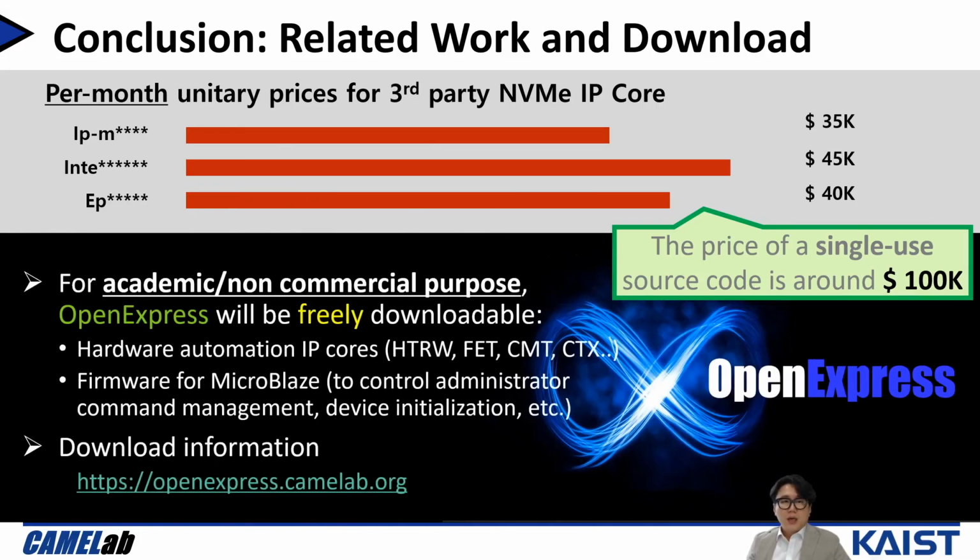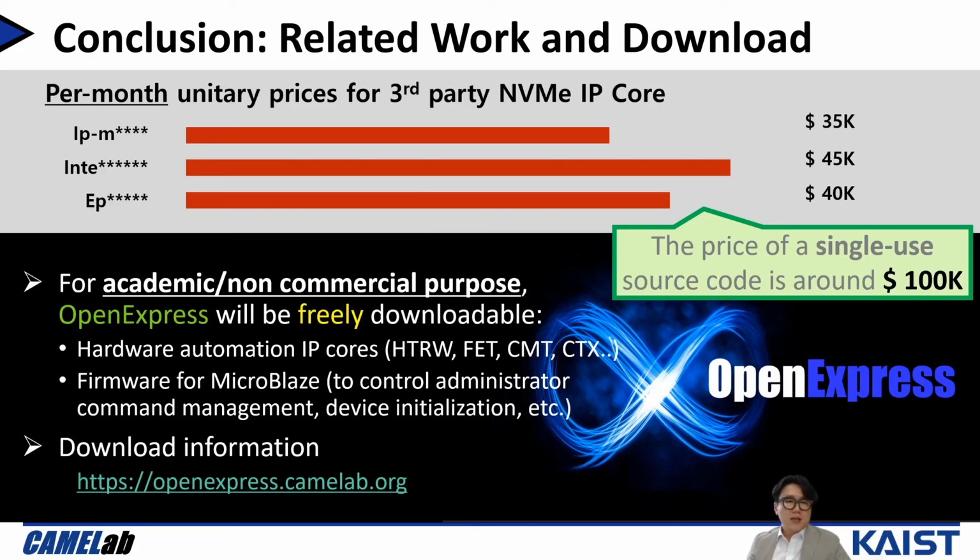So in this work, we provide OpenExpress, which will be freely downloadable for academic and non-commercial purposes. OpenExpress includes hardware automation IP cores such as HTRW, FET, CMT, and CTX.